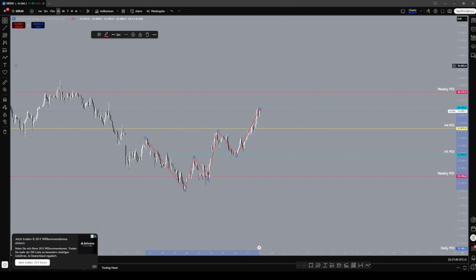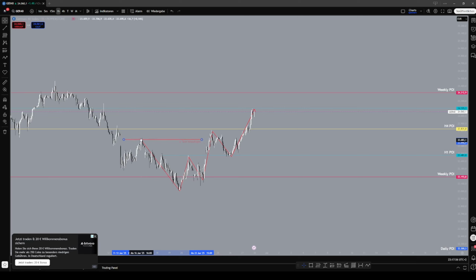But in my understanding, we shifted in trend over here because over here we broke the last key zone in here, the lower high here. We broke it here on the 24th of June. So that's my point where I get interested in longs.